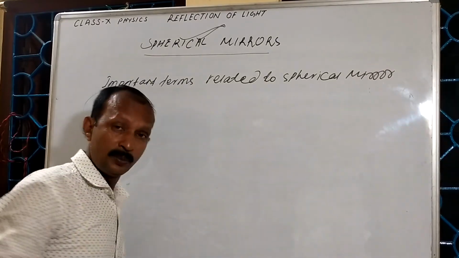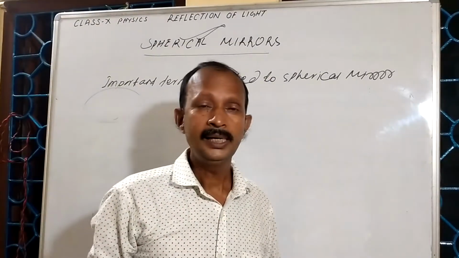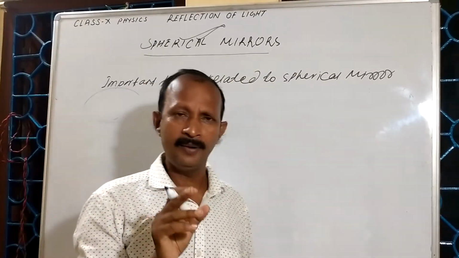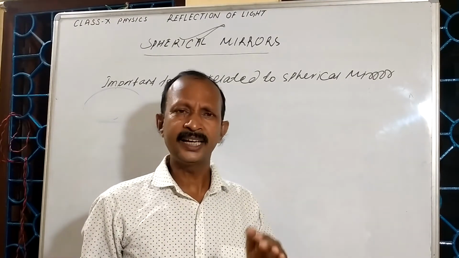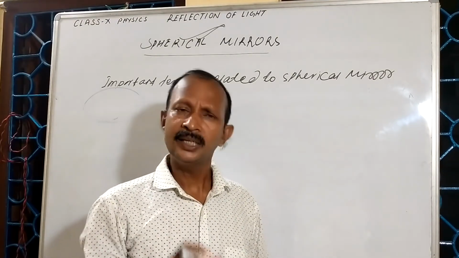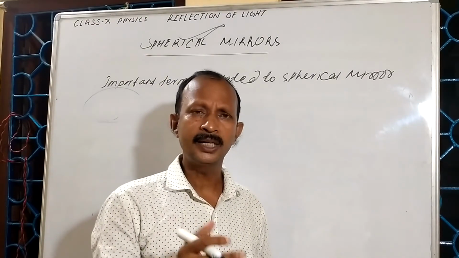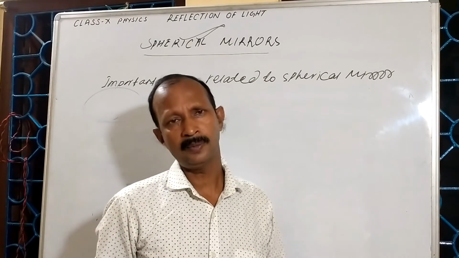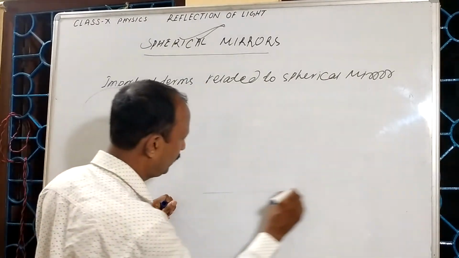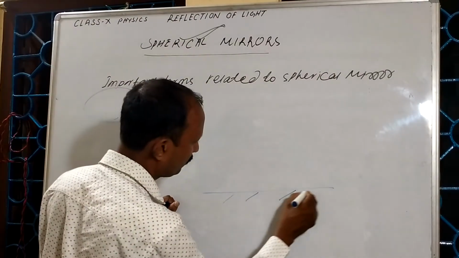One question comes to my mind. Can the laws of reflection be applicable in case of spherical mirrors? Yes, it is applicable in case of the spherical mirror. But one problem is there. What problem? Suppose it is a plane surface.